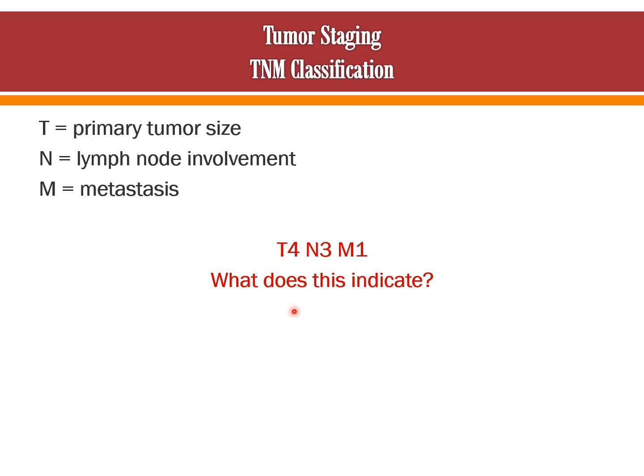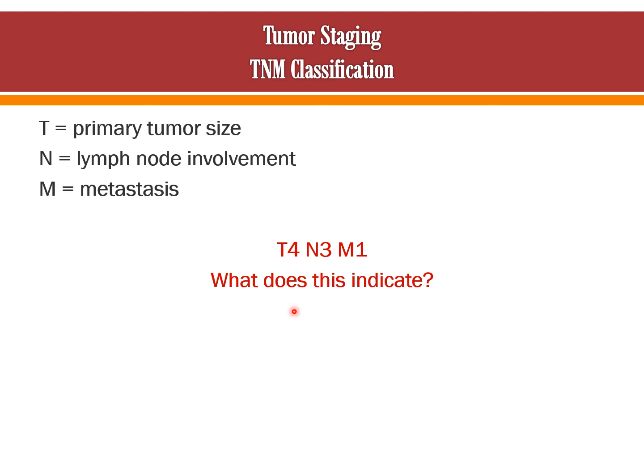Anytime you see an X, let's say they diagnose your patient as being TX, that means the primary tumor cannot be assessed, right? So it may be there, but they cannot assess it. They're not 100% sure what's going on. So that may be the kind of patient they send home, but then tell to come back again because they couldn't assess anything.